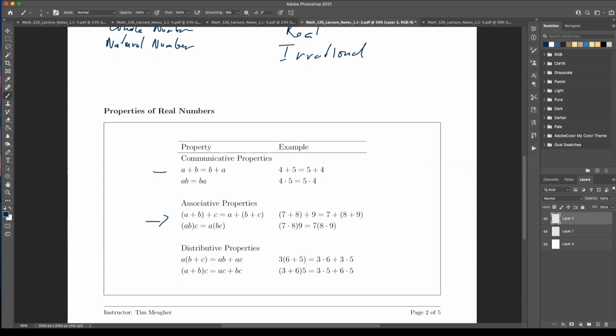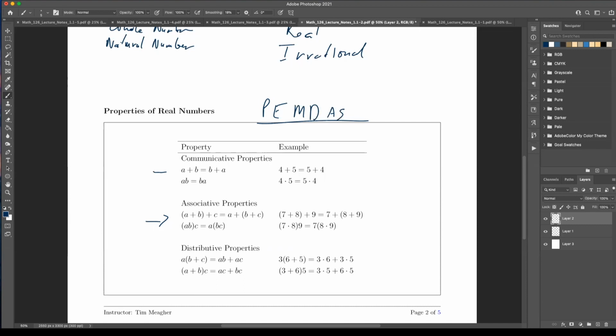Please notice your order of operations. What do you guys use to remember order of operations now?